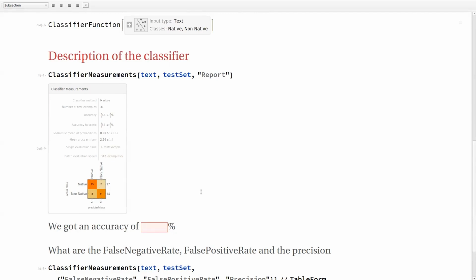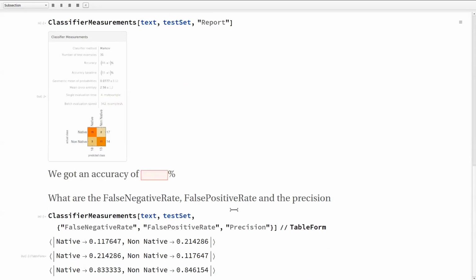So we got an accuracy of 84%. Checking the false negative rate, false positive rate, and the precision, we can see that non-native speakers were more precise than native speakers.